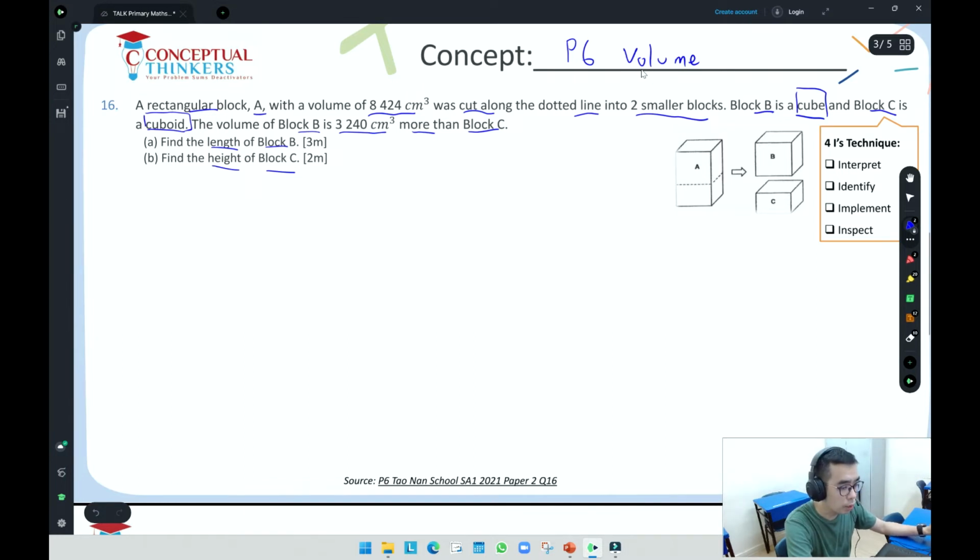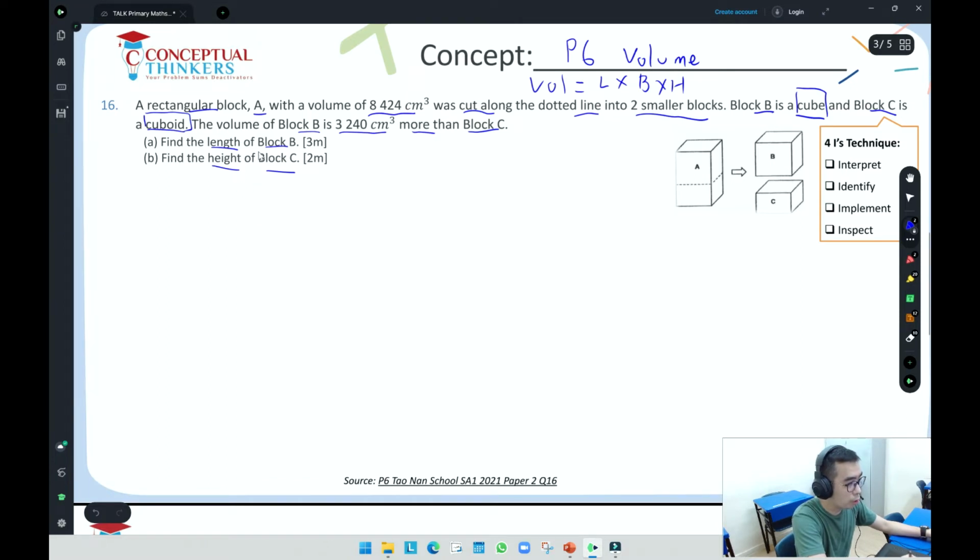Then they also want us to find height, which means we have to manipulate the volume formula that we learned in P5, which is volume is equal to length times breadth times height. So they will ask us to find one of the dimensions. When finding one of the dimensions, we have to manipulate the equation, or do a division calculation. So let's start implementing the steps.